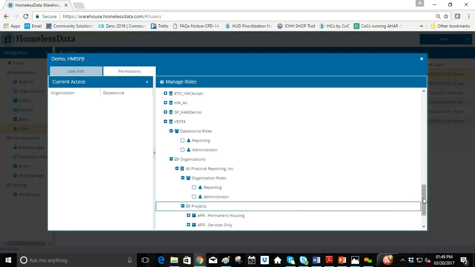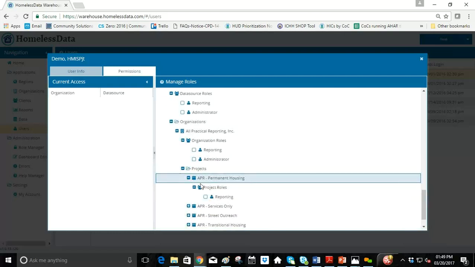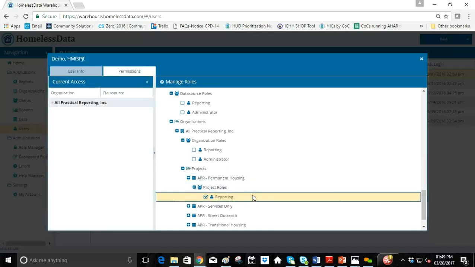So you could give somebody really down to a very specific role at the project level. It's a person who's working only in the APR permanent housing project, you can give them specific access to that project.